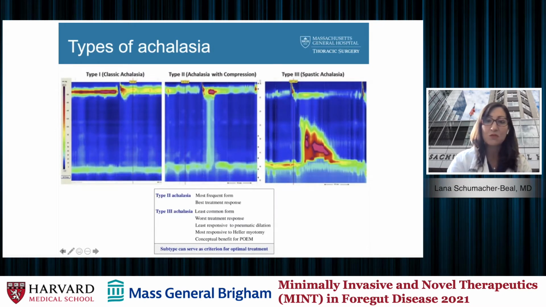However, no uniform contractions. So these subtypes can give criteria for the optimal treatment for achalasia. So type 2 is the most frequent form and has the best treatment response. And type 3 is the least common form and also has the worst treatment response. And it's least responsive to pneumatic dilation and most responsive to Heller myotomies and POEM.